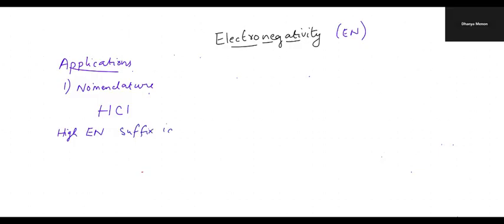Suffix means written at the end of the word. So that is why hydrogen chloride: I have used the suffix "ide" at the end. Whoever has higher electronegativity will get the suffix "ide".